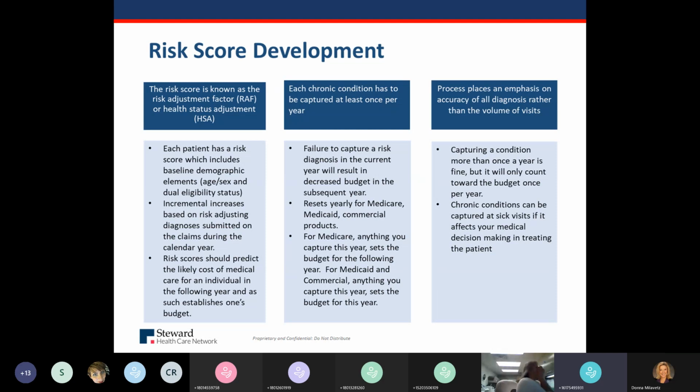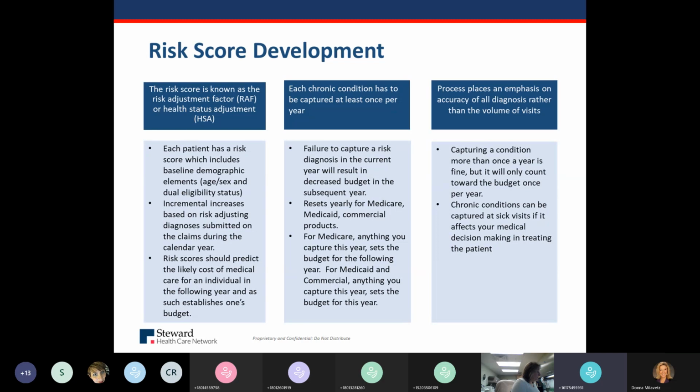Each chronic condition, as I said before, has to be captured at least once per year to help set the budget, and failure to do so will result in a decreased budget, whether it's the following year or in the year. So this resets yearly for all of our payers. For Medicare, anything you capture this year sets the budget for next year, and for Medicaid and commercial, anything you capture this year sets the budget for this year.